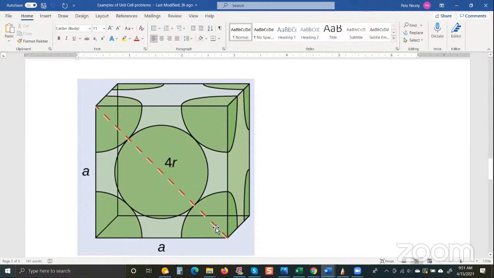So the equation that you would write here would be Pythagoras' theorem as it applies to that particular arrangement, which would be A squared plus A squared is equal to 4R all squared. That would be the equation describing what's happening as far as that triangle is concerned.